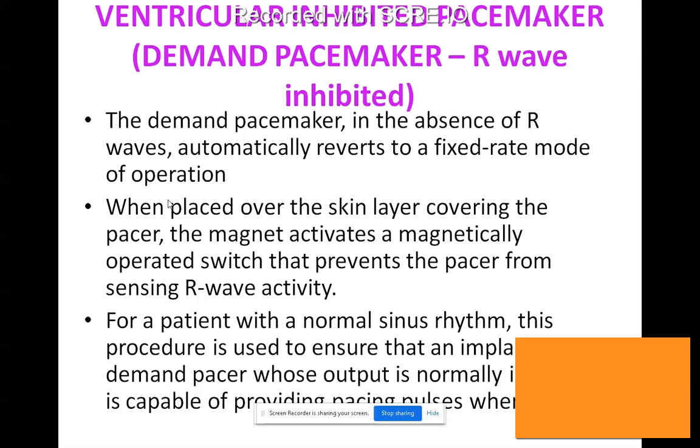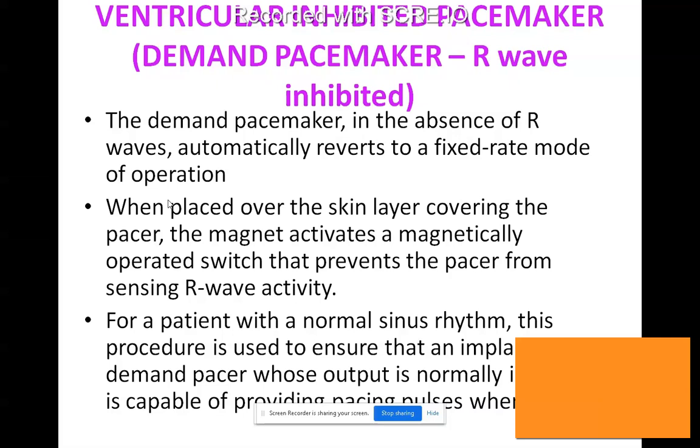So a magnet will be placed over the skin layer covering the pacer. The magnet activates a magnetically operated switch that prevents the pacer from sensing R wave activity. So the magnet will prevent the pacer from sensing the R wave signal.